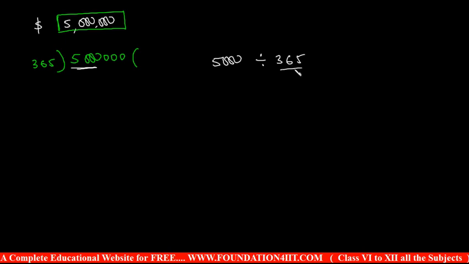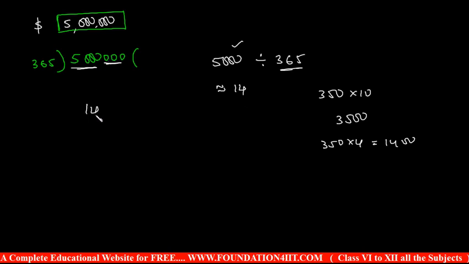If you imagine 365 nearest to tens, it is 350. 350 into 10 is 3,500, but there's more extra. 350 into 4 is 1,400. 3,500 plus 1,400 is 4,900. Approximately this is 14. Because of the three zeros, we can guess 14,000. So per day income is $14,000.